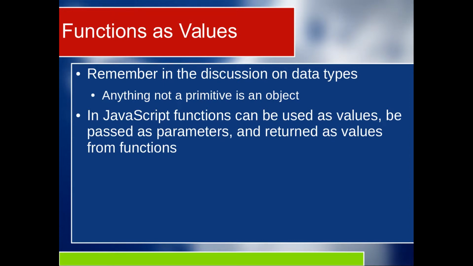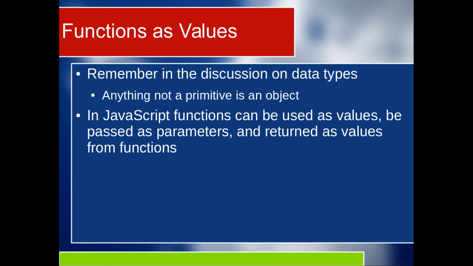Now, before we talk about the expression form, we have to understand a few things. Do you remember in the data types video I said anything that is not a primitive is an object? Functions are not a primitive. Therefore, they are an object. This is the first place where that becomes important. In JavaScript, because they're objects, they can be used as values.